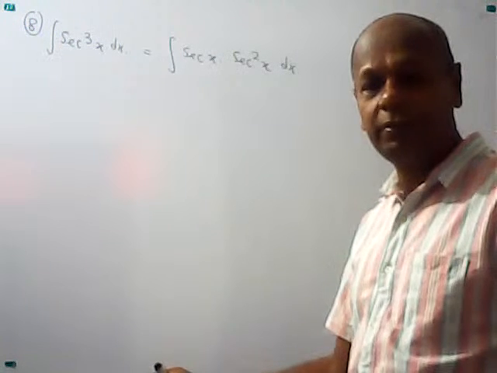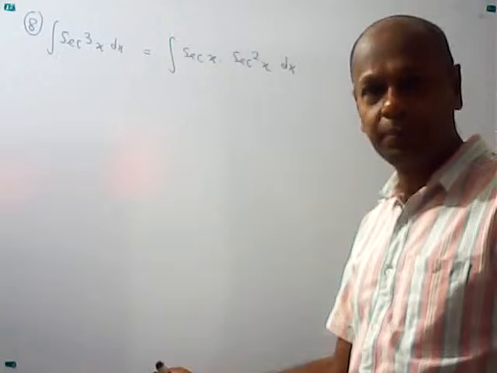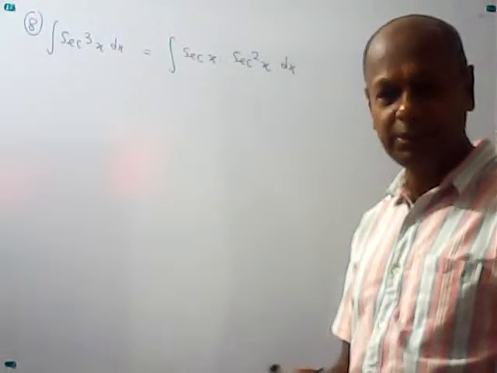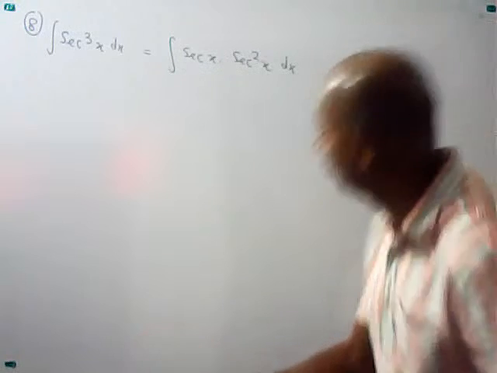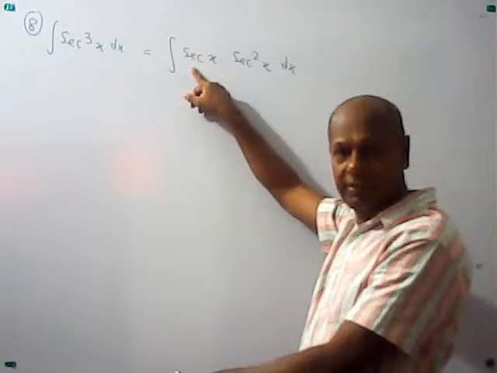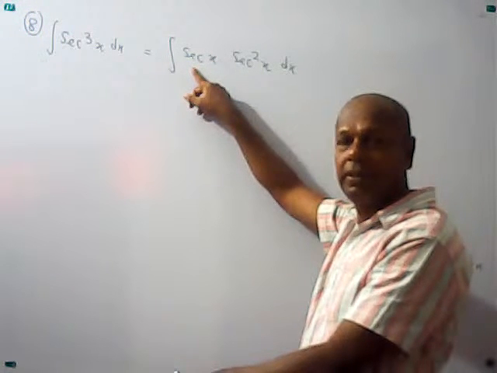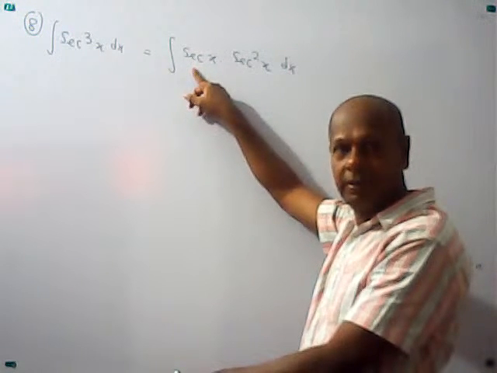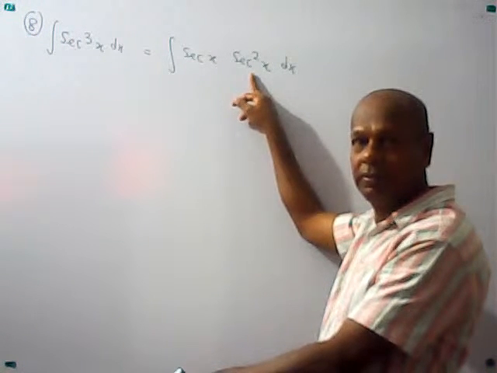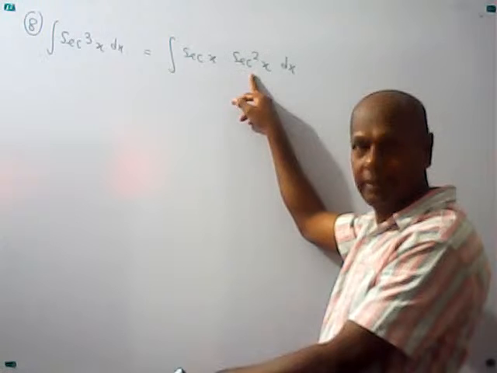Now one of these you have to take as u, the other as dv by dx. Again, thinking logically, if you take this as u, you have to differentiate this. Sec x you can differentiate, that will give sec x tan x. And you have to integrate sec squared x, which is tan x.